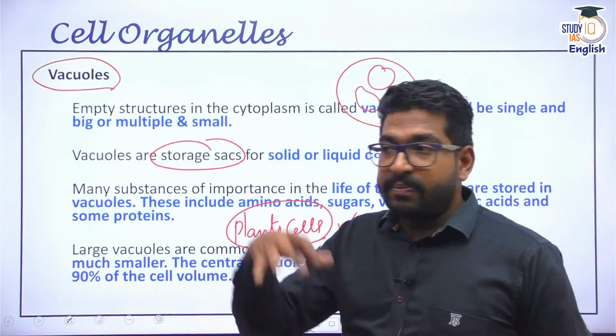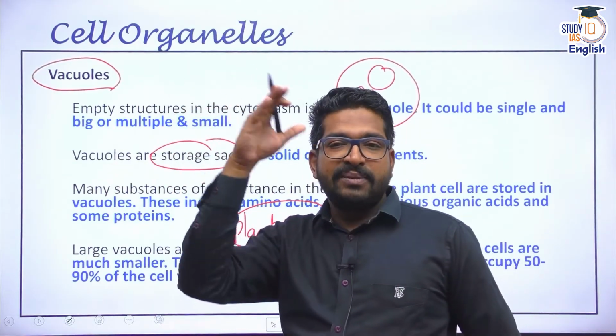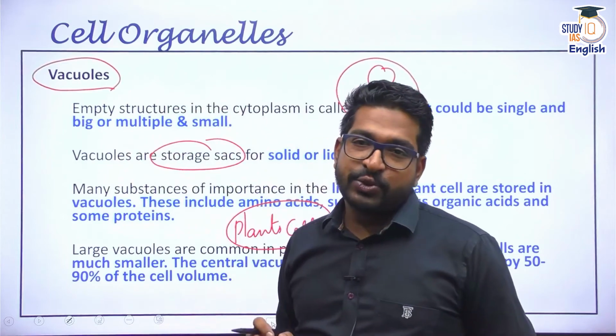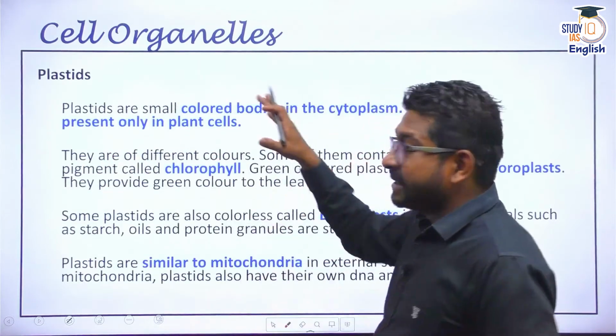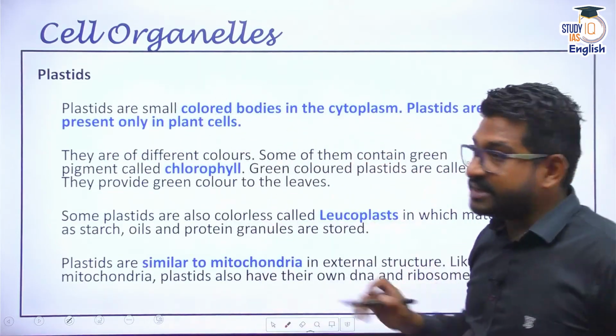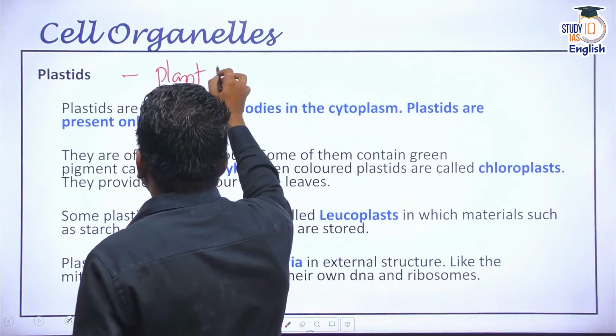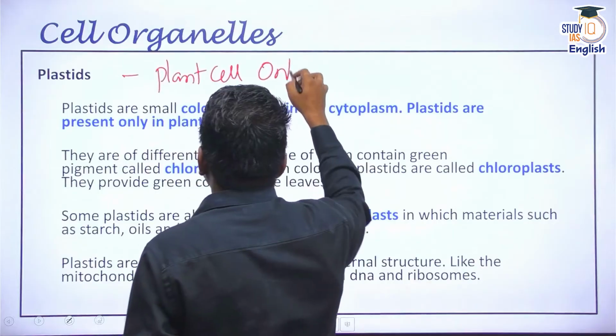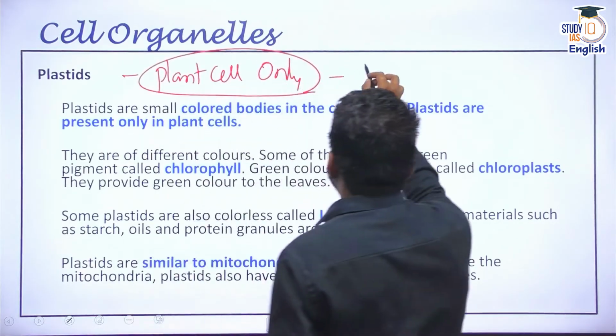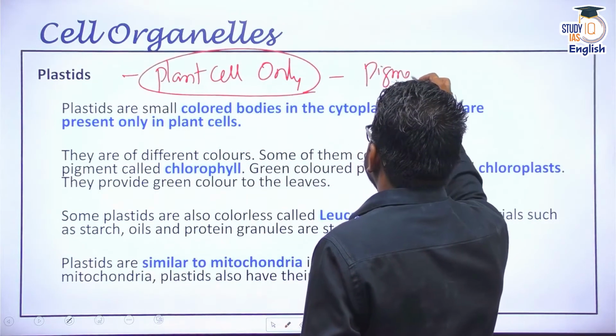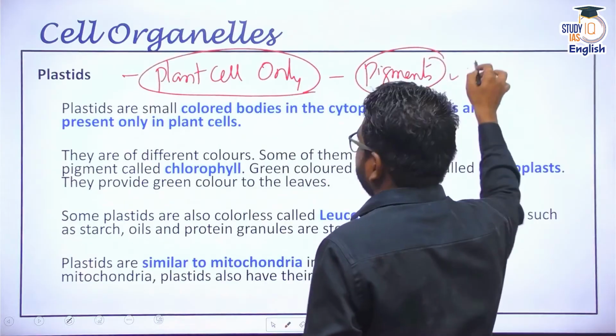But remember, plant cells have bigger vacuoles, animal cells have smaller vacuoles, storage areas. Apart from this, there are plastids which are present specifically in plant cell. Now, these plastids are basically certain pigments which help in specific function.